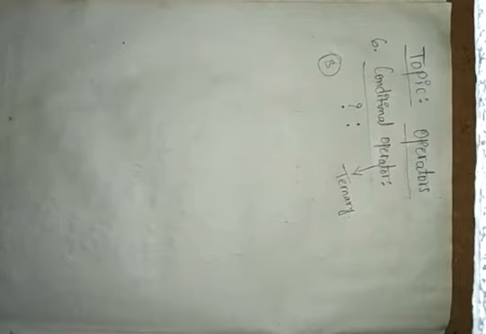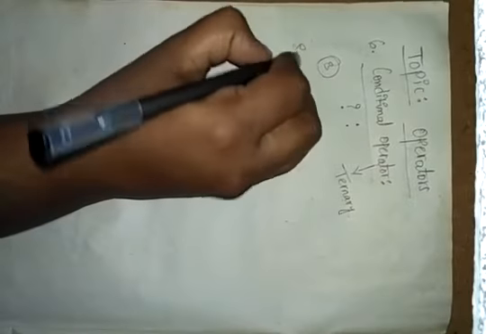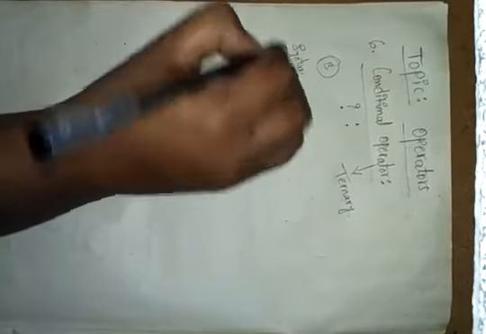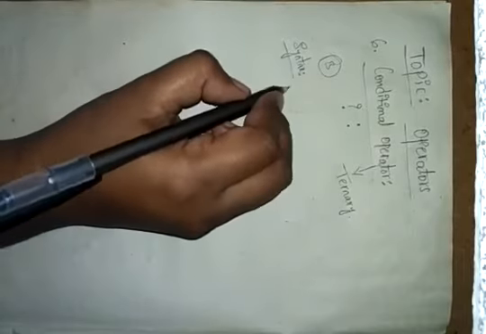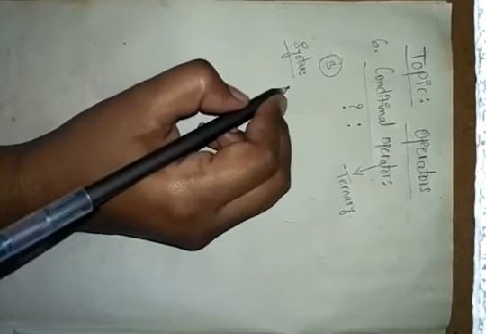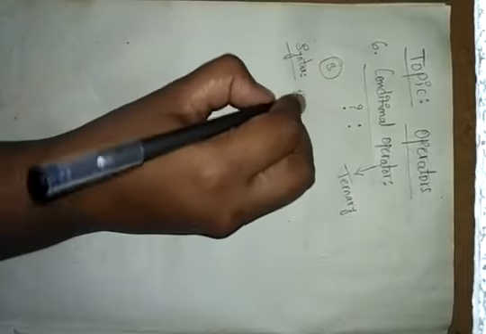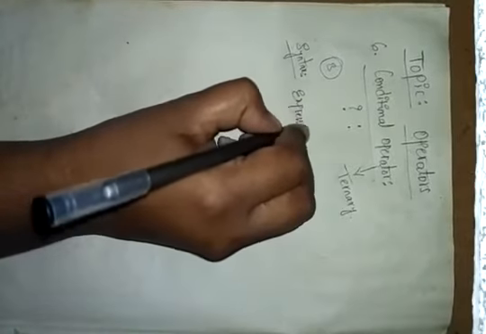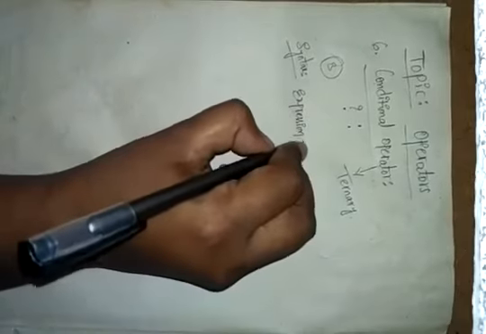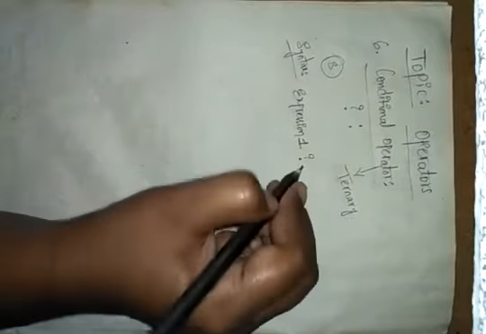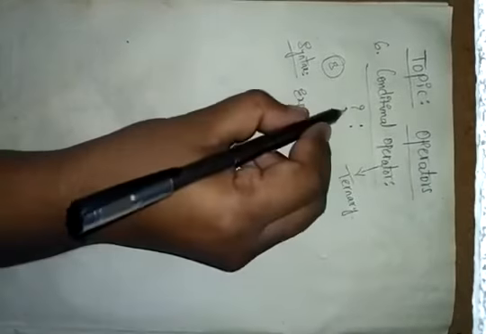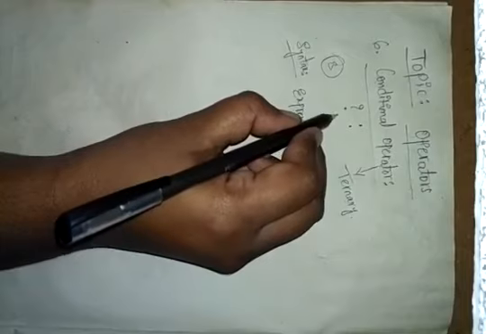Okay, so we have the syntax for the conditional operator. The syntax is: expression 1, and here we have the 2 operators, one is the question mark and the second one is the colon.